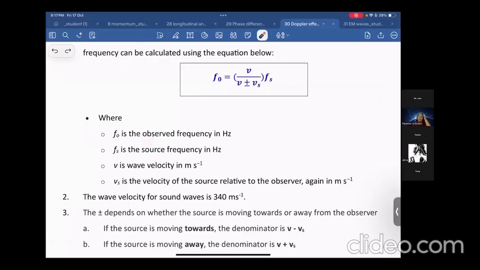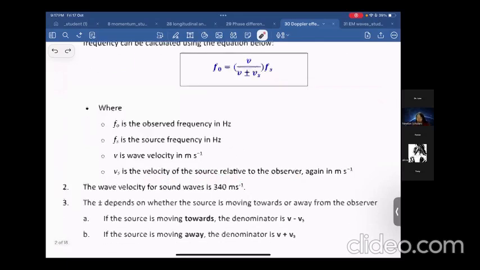The frequency of the source is always unchanged, like from the ambulance. V is the wave velocity, and Vs is the velocity of the source relative to the observer. Later on we will see how we apply this formula, one by one.